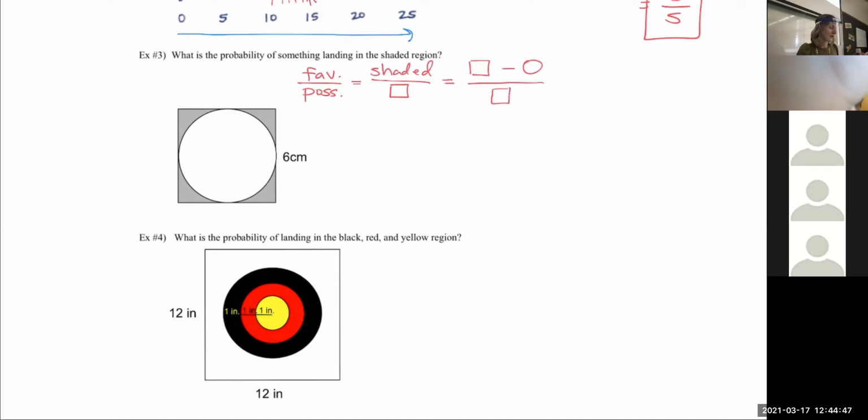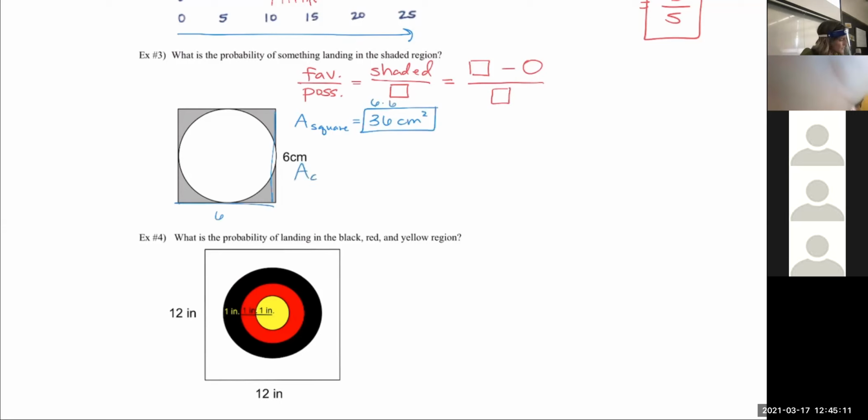So let's start just by finding the areas of those things. The area of the square is what? 36, 6 times 6, right? Base times height. This would be 6 and this would be 6. So 36 square centimeters is the area of the square. We just did 6 times 6.